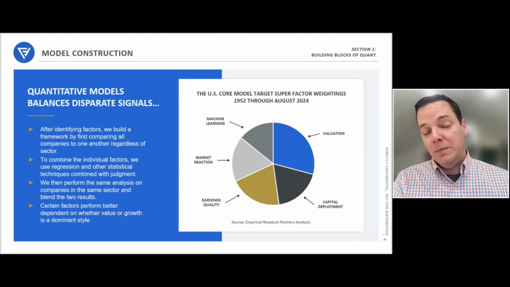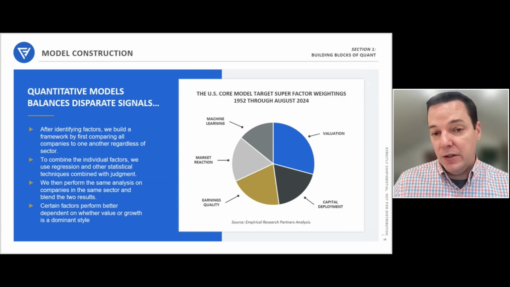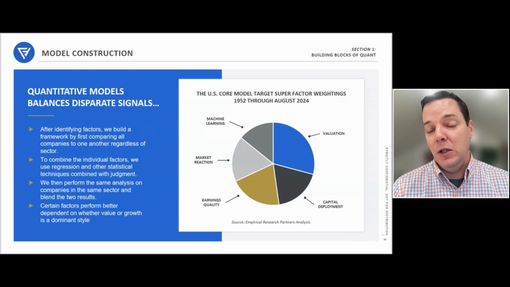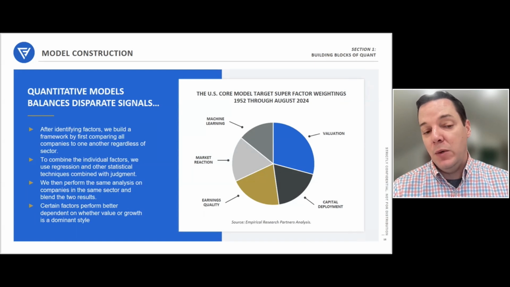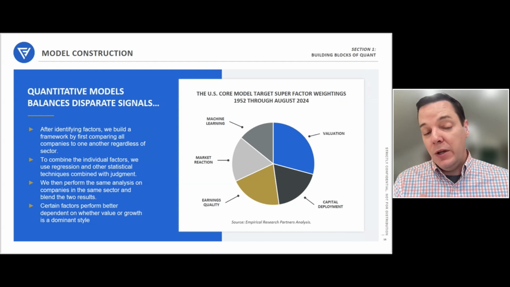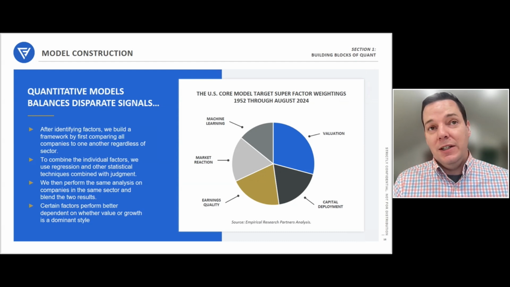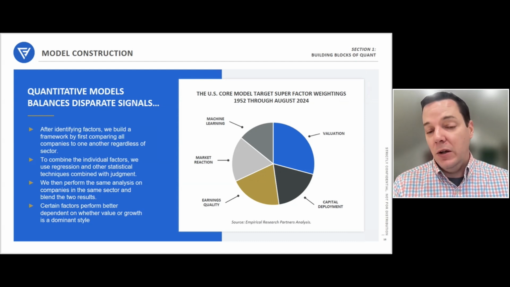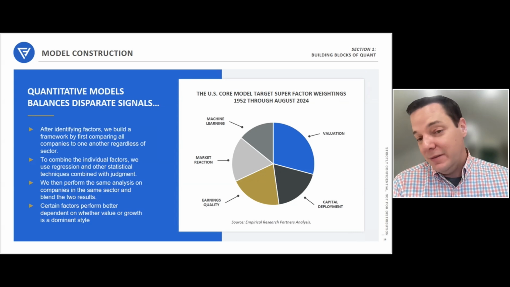And the weights here are also not really set in stone, right? We want to be able to dynamically weight our model depending on the environment that we see ourselves operating in. So I mentioned earlier that we do think factors can see different efficacy depending on the style that we're operating in the market, right? Do you think value factors are ultimately going to work when growth is in favor? No, not really.